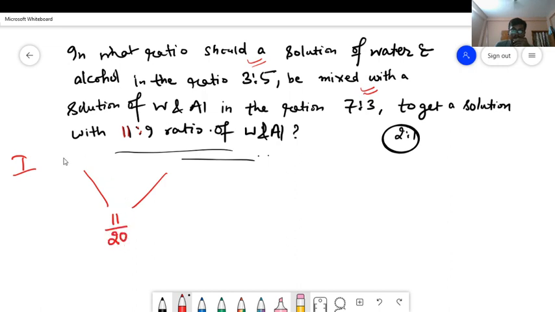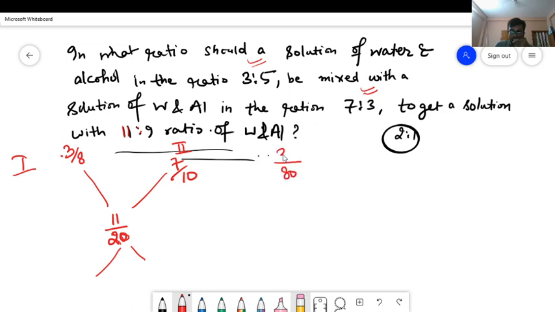So 3 is to 8 for the first mixture, and the second mixture will be 7 is to 10. We have to make these denominators equal so that we can compare these. LCM would be 80.